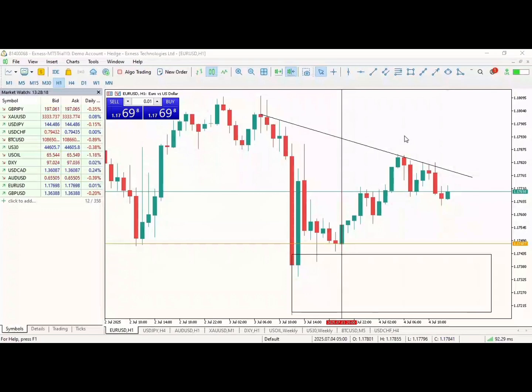If it's a sell limit, you put it above the current market. So this is the current price. If it's a buy limit, you put it below, so that the market comes down, triggers it, and buys if your analysis is right. If it's a sell limit, you put it above, so that the market goes up, triggers it, and sells.